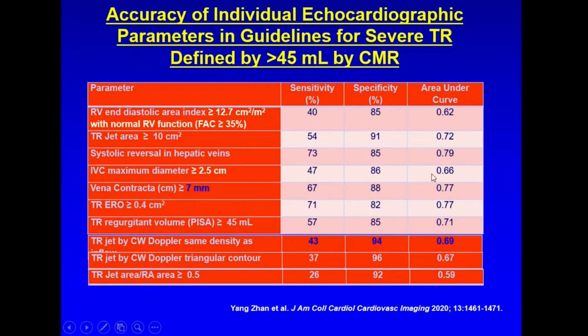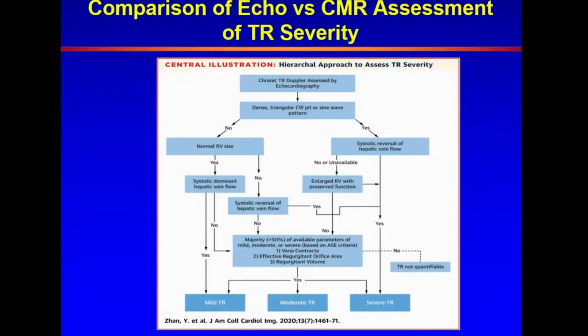One of the very useful features was the continuous wave Doppler. The triangular contour had the highest specificity at 96%. But again, when you look at them collectively, because of the sensitivity, the performance for each signal is not great by itself. We thought things can become easier if you take a hierarchical approach.